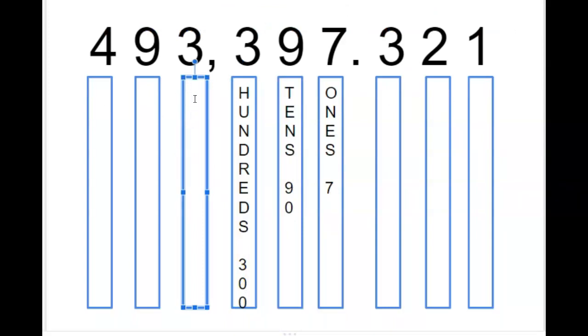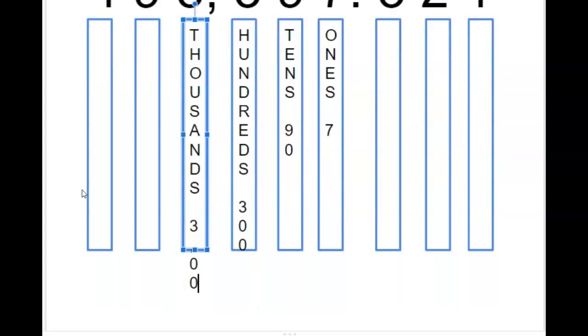And the following 3, notice that there's a comma because every 3 digits we put a comma when we're going to the left of the decimal point. This 3 is the thousands, and the 3 in this place value would be equal to 3000.